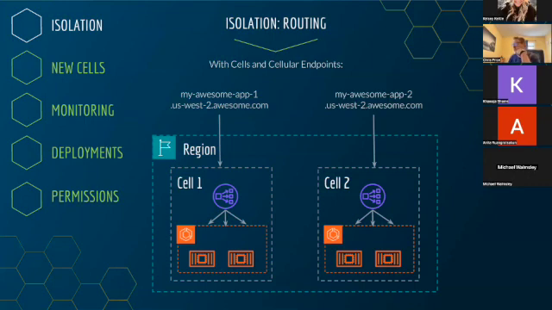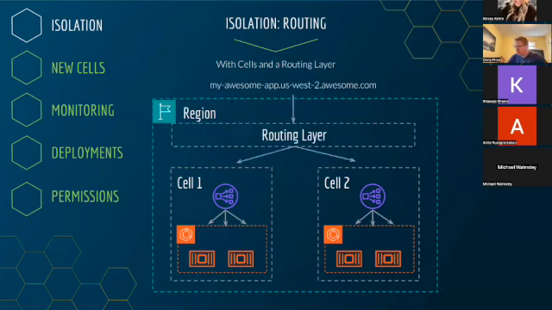So if you have a web app that you're hosting or some kind of service that you're maintaining where it's important for the customers to be able to come in through a single DNS name, then you're going to probably want to do something like this, where you have a routing layer added to your server-side architecture.